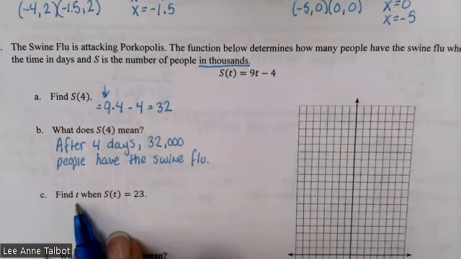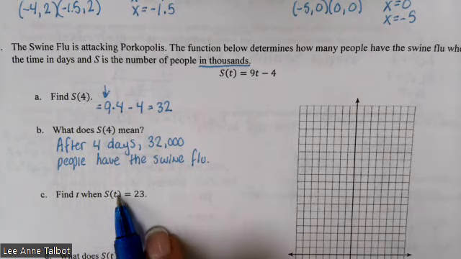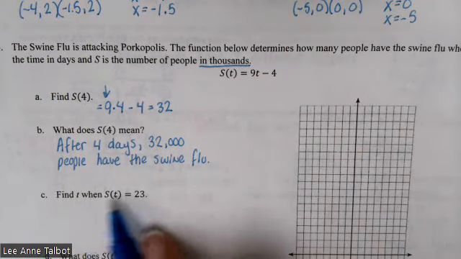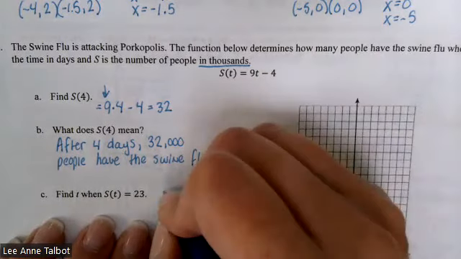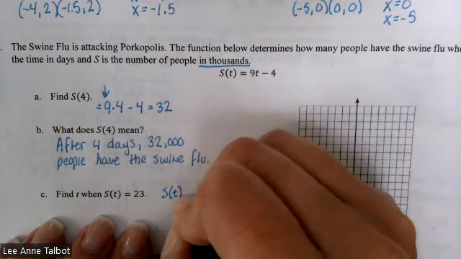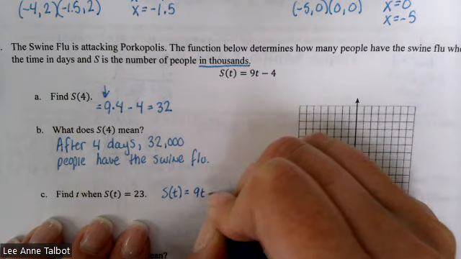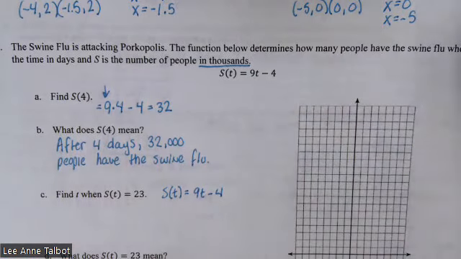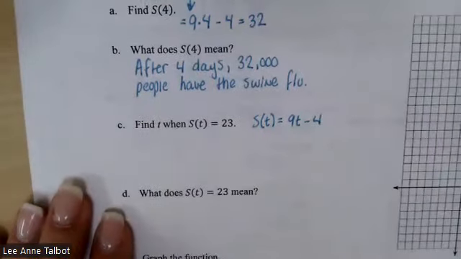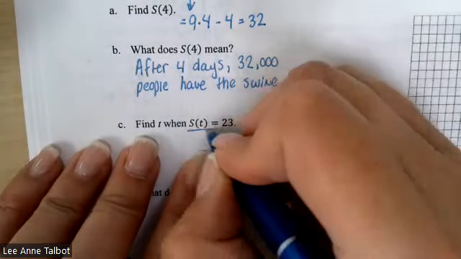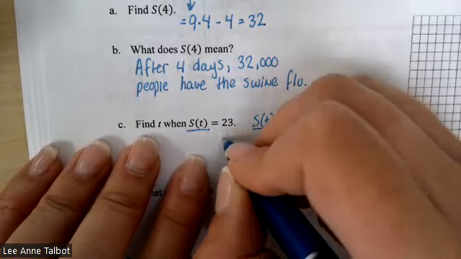Okay, find T when S of T equals 23. This is forward or backward function machine? Backward. So right next to it, I'm going to write S of T. And I'm going to say, okay, those are equal.